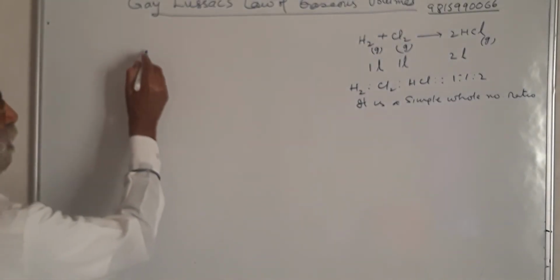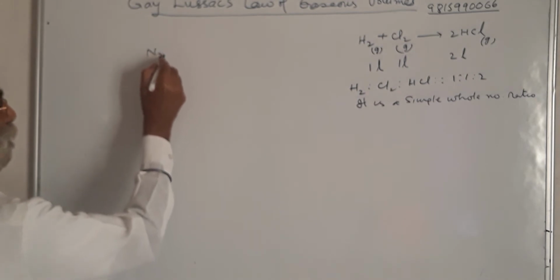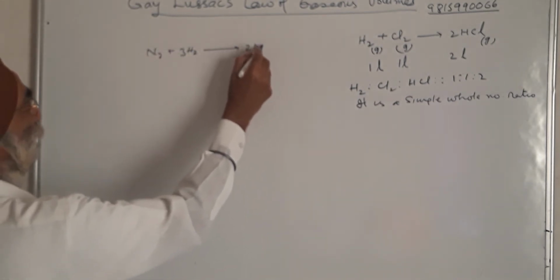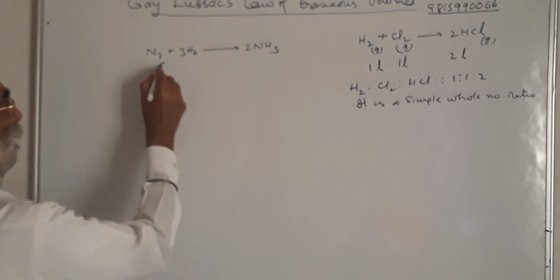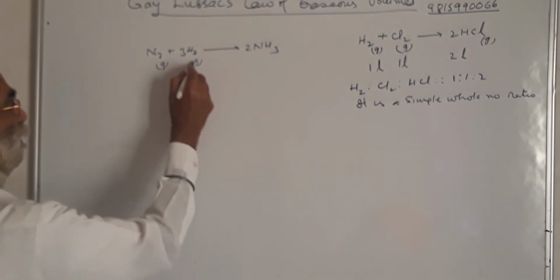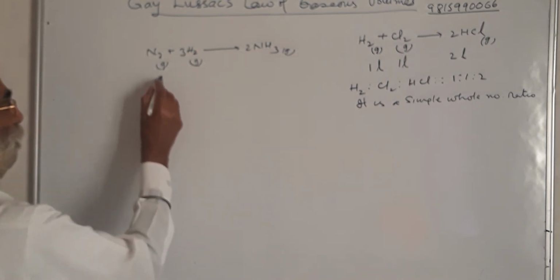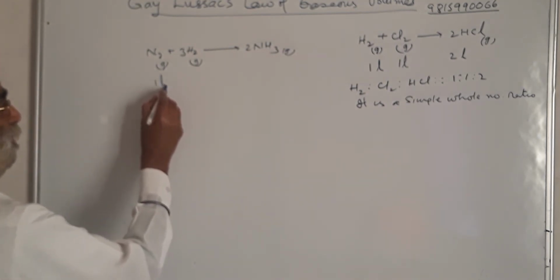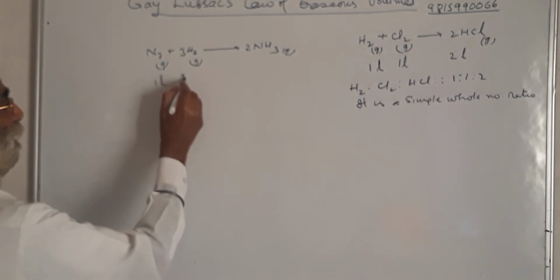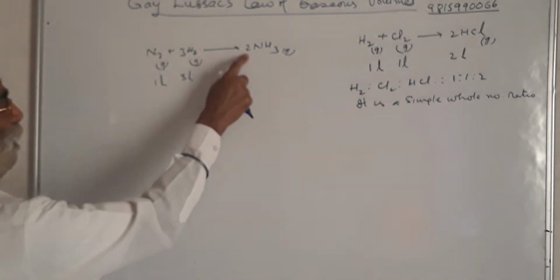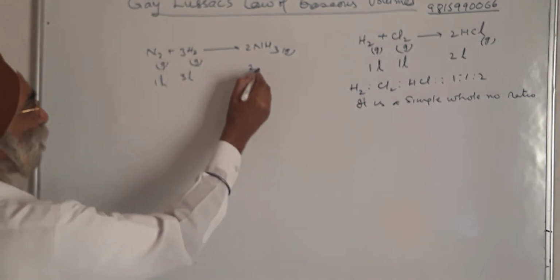We have the nitrogen balanced chemical equation. It is a gas, it is a gas, it is a gas. We have 1 liter of nitrogen, 3 liters of hydrogen, and we get 2 liters of ammonia.